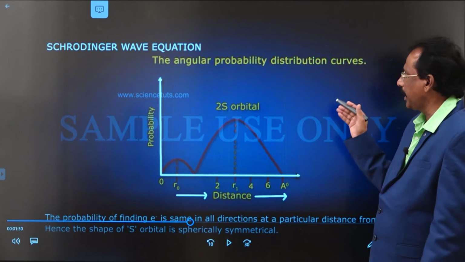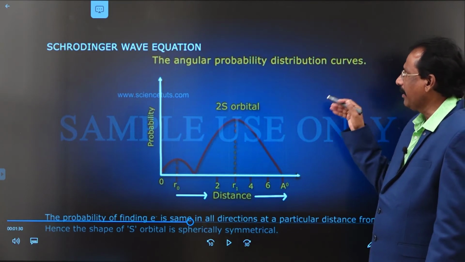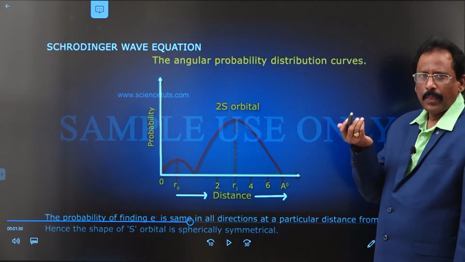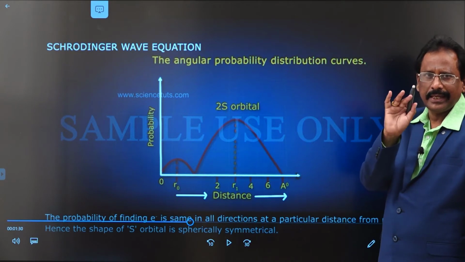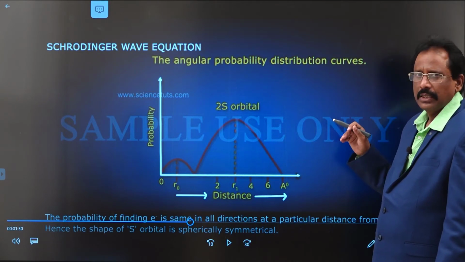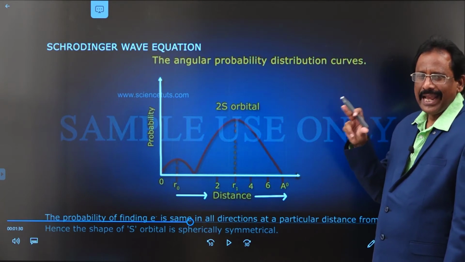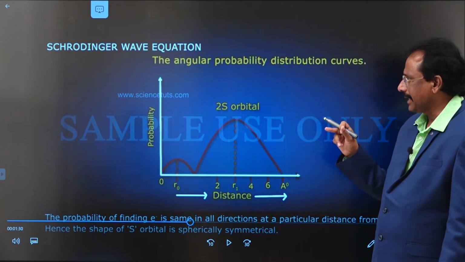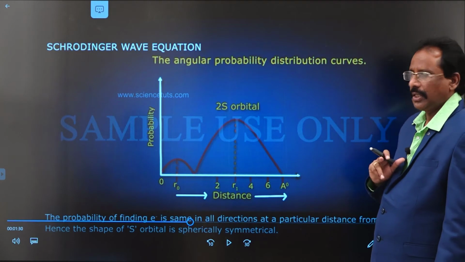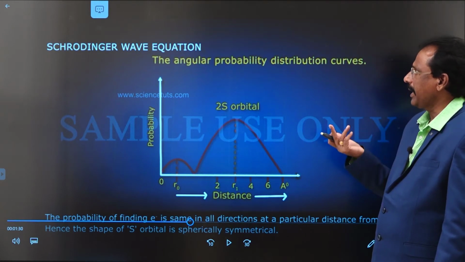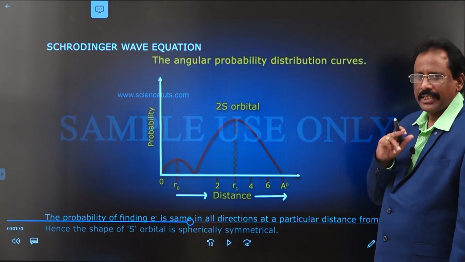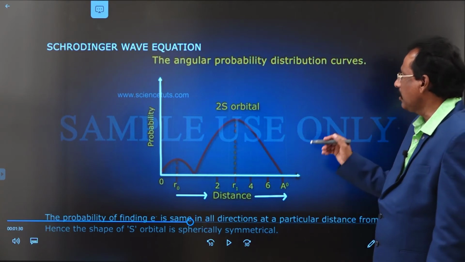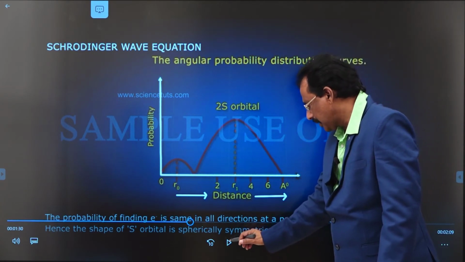So a very, very important point from these angular probability distribution curves is, the shape of 1s and 2s orbital is exactly the same, but the size and energy of the 2s orbital is larger than the size and energy of the 1s orbital. So the quantum mechanical model of the atom successfully explains the shape of the orbitals with the help of angular probability distribution curves.